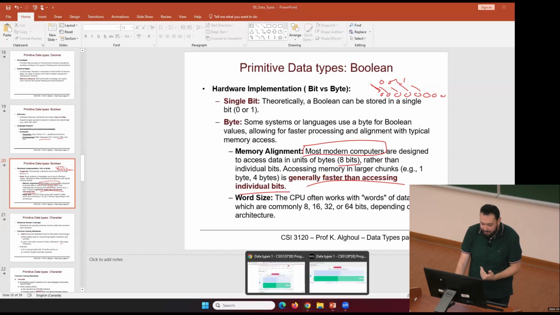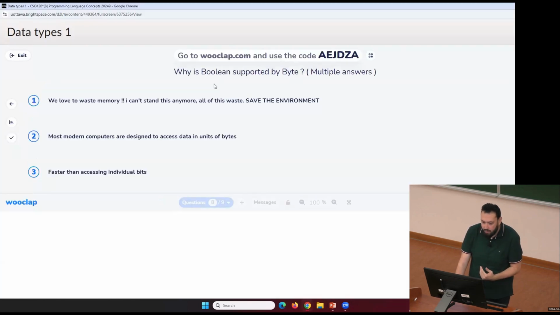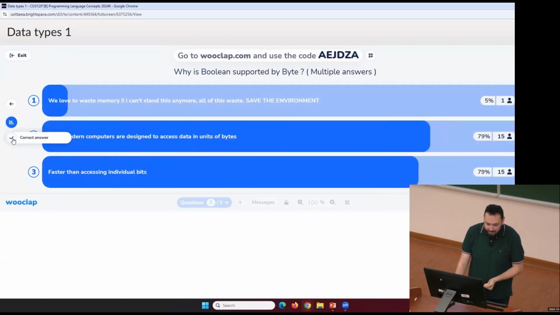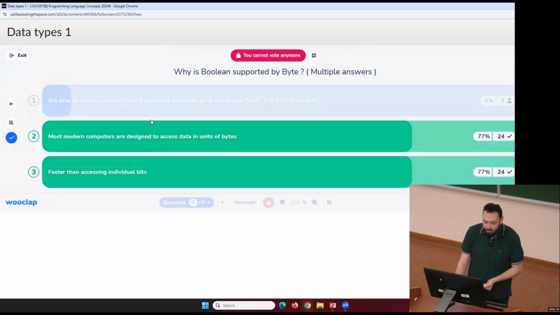It's just much faster. Why is Boolean supported by byte? Because I answered this, I just entered it. I forgot that I had this as a question. Because, of course, we love to waste memory. We love to waste time also and everything. So it's these two, of course.